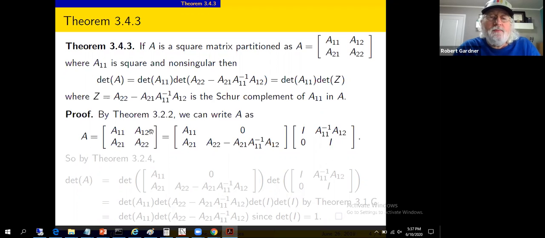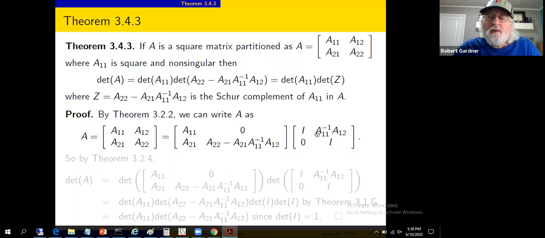Yeah, A12. Second row, first column produces an A21, right? Second row, second column, geez, that one's pretty involved, eh? We'd have A21 times this, A11 inverse, A12, sounds familiar. And then we'd add this times the identity.